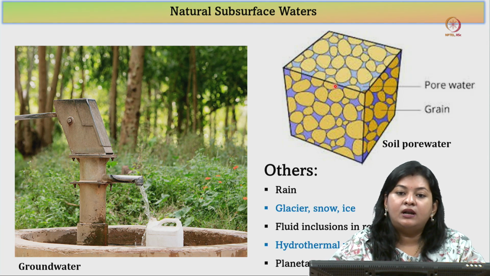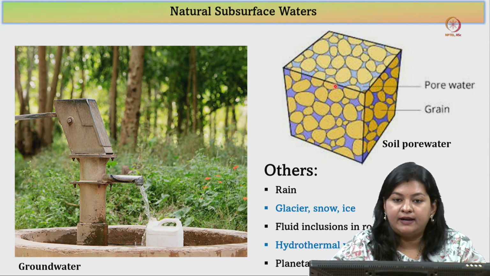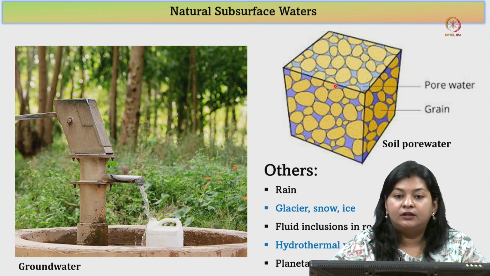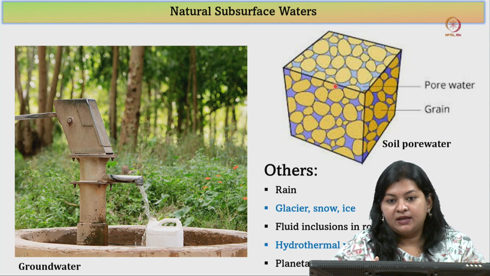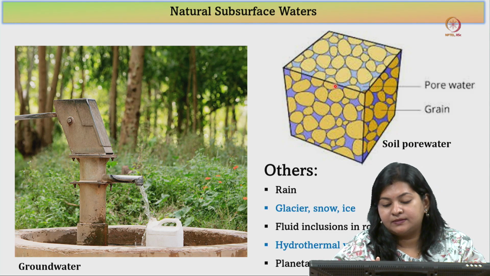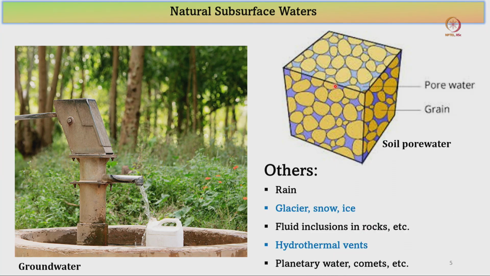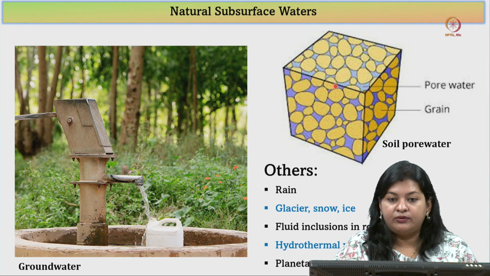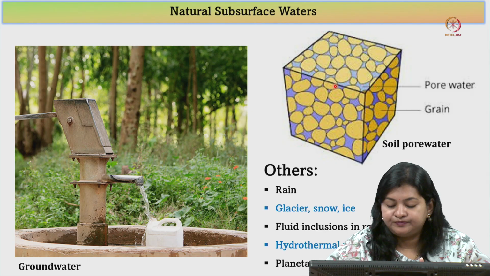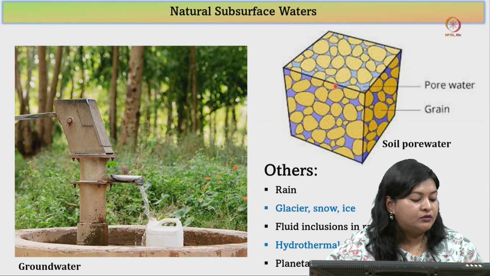So, these are called hydrothermal vents. Okay. Hydrothermal because they are hot water, these are actually hot water vents. Then planetary water, comets, etc. We can go on finding the types of water that is found from space. So, basically this is the kind of natural water that we are going to talk about in this particular course.